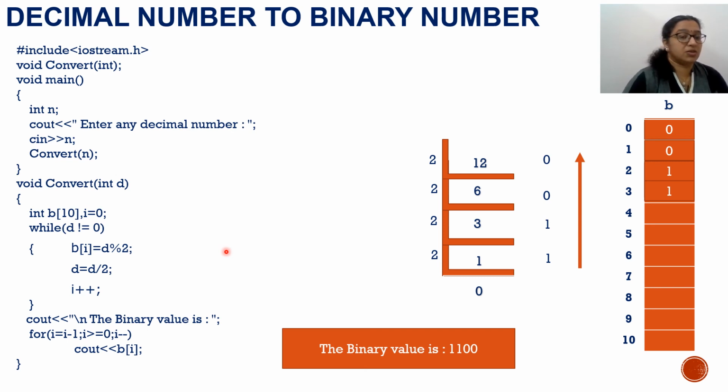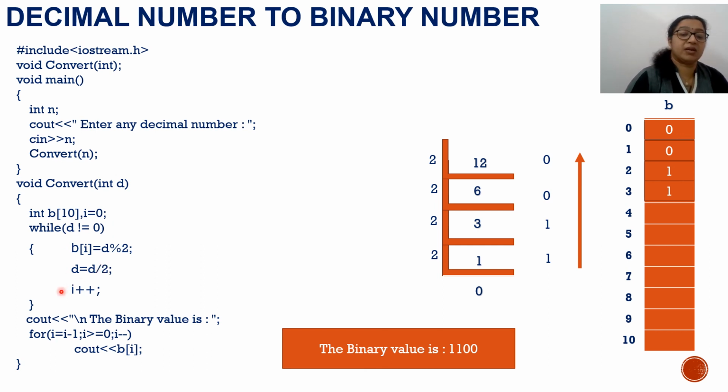Understood? So the process is, we want to repeat the loop until d is not equal to 0. So what are the process we want to do? Find out the remainder of that decimal number divided by 2 and store it in an array, and we want to change the value of that decimal number to the quotient of dividing by 2.